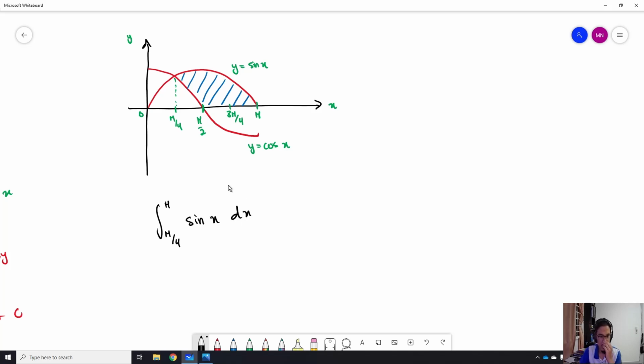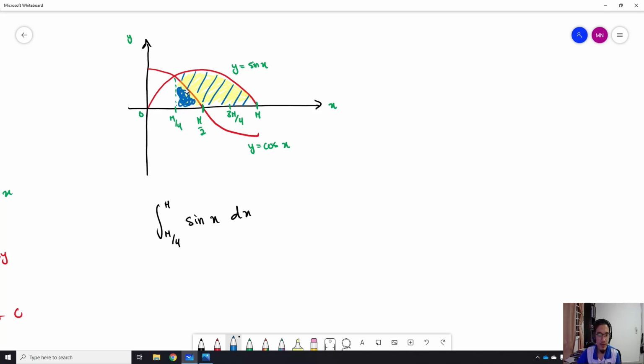Okay, so the region covered for sine x from pi over 4 is this region. So we covered the whole area that I highlighted in yellow. So our problem is that it also covered the area that is not shaded, which is right over here.